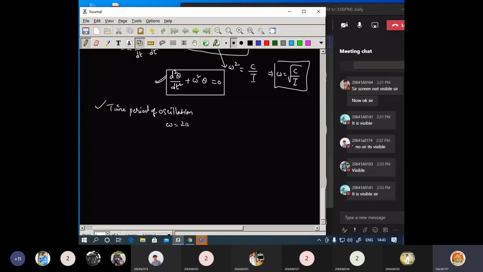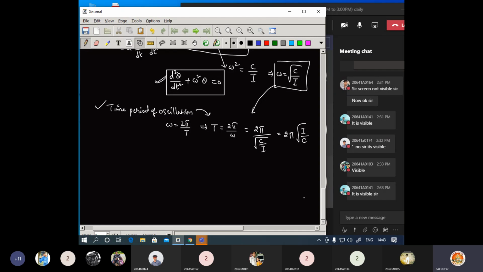Omega can be given as 2π by T. Now T can be given as 2π by ω. Now you substitute this omega here. Then what is the expression here? 2π by root of c by I. You can write this as 2π root I by c. So you got the expression for the time period of oscillation.